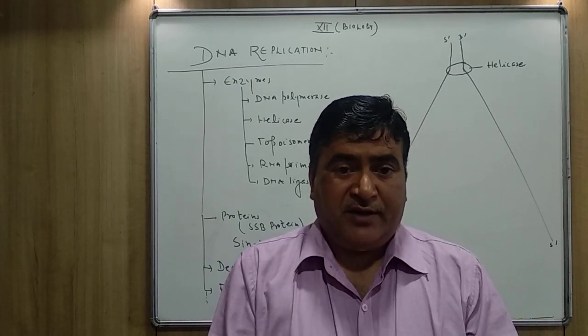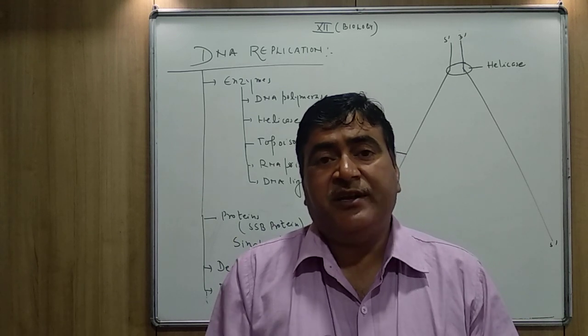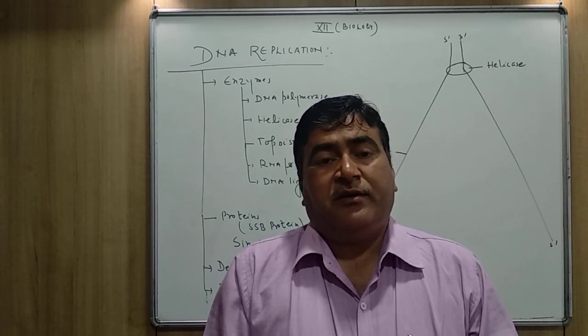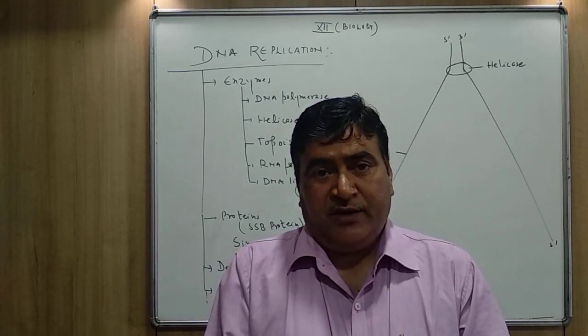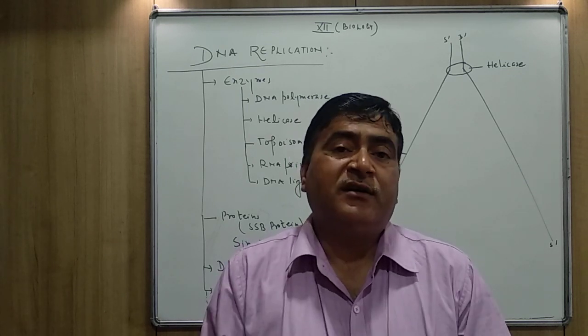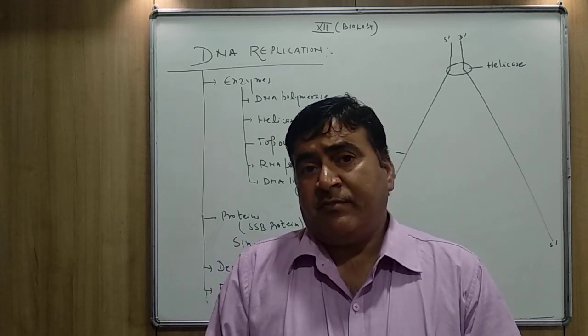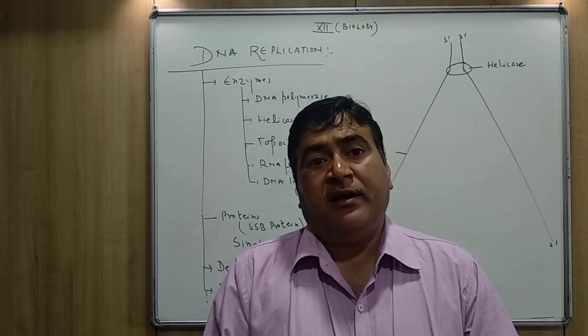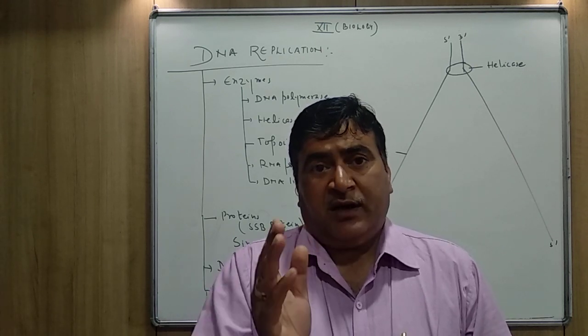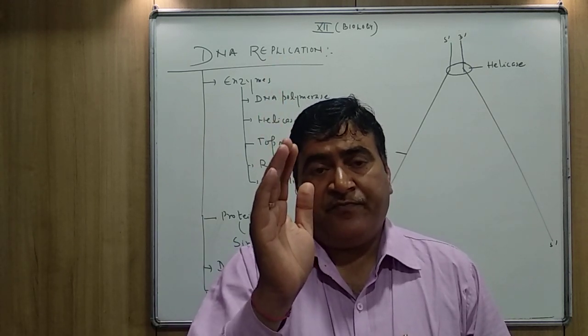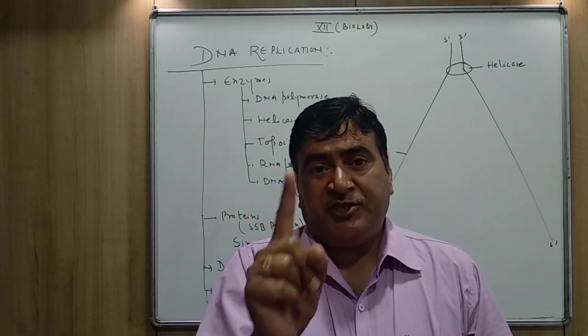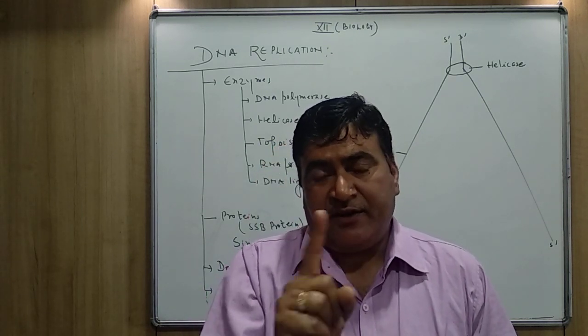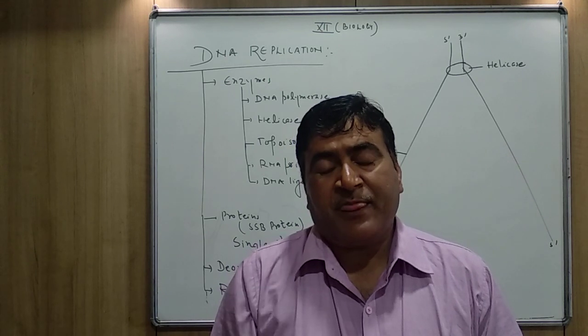Means when the double-stranded DNA is going to be separated in the presence of helicase enzyme, the upper side of the duplex DNA is going to be twisted again, and this is called supercoiling.